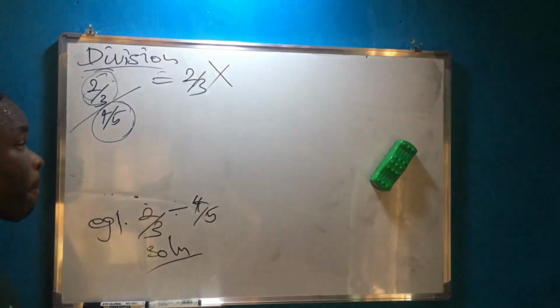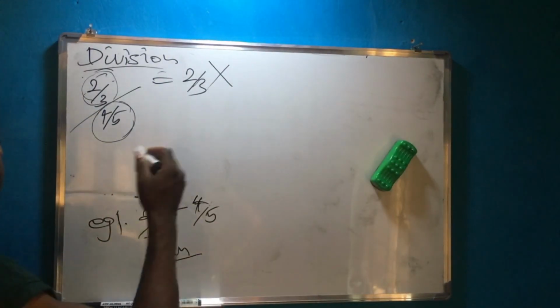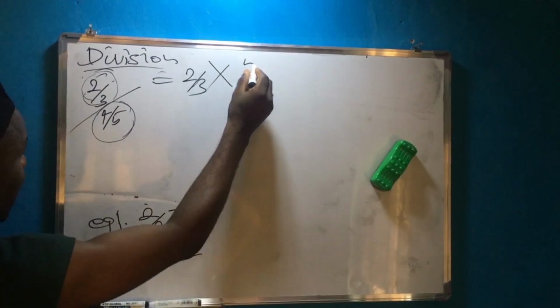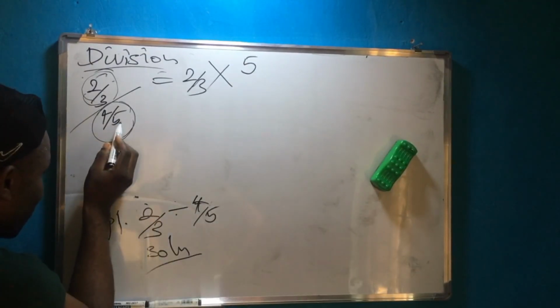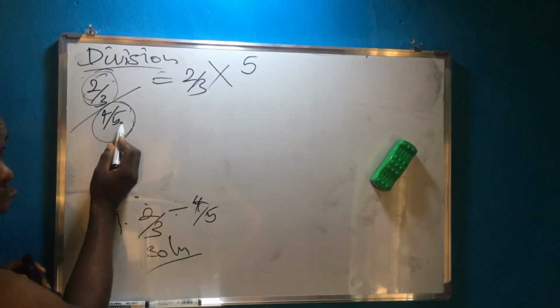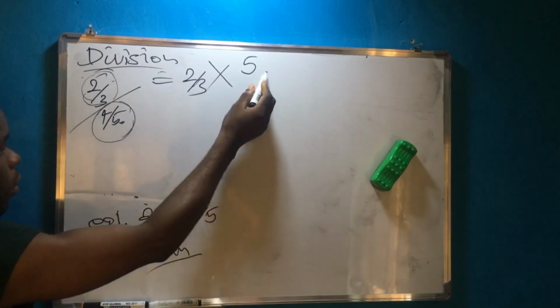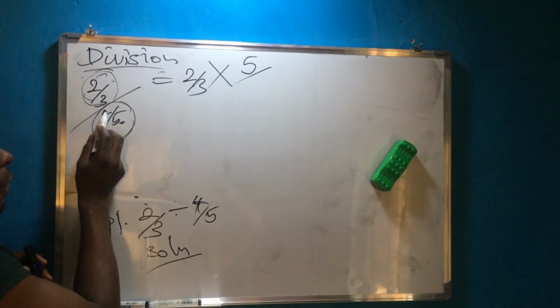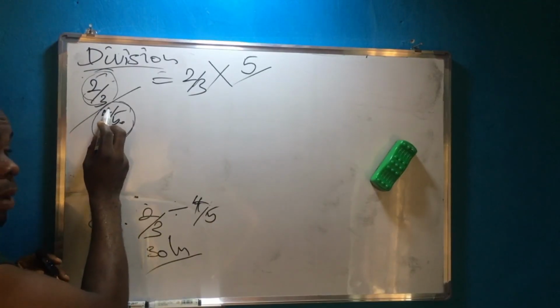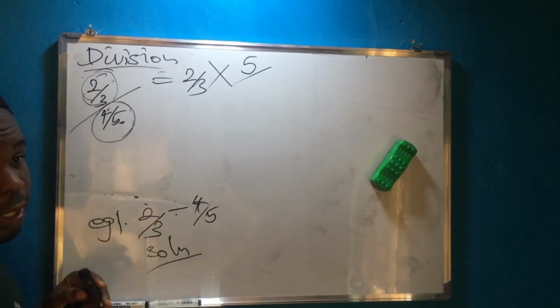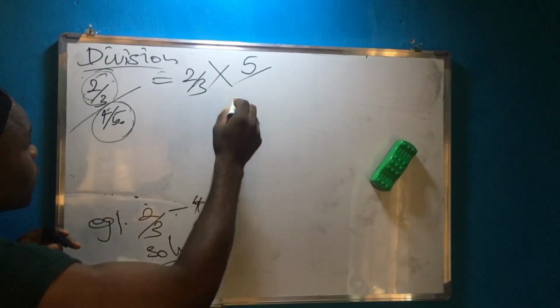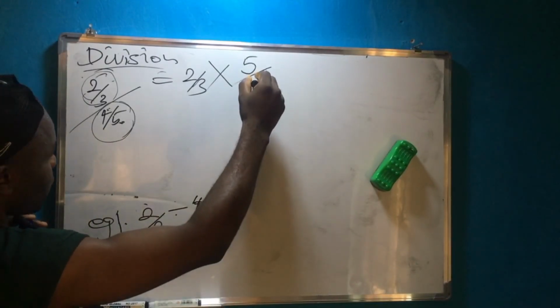Is that clear? So now here we have times 5, this denominator in the second fraction, on top now, becoming the numerator, all over 4, which was initially the numerator when we were using the division sign.